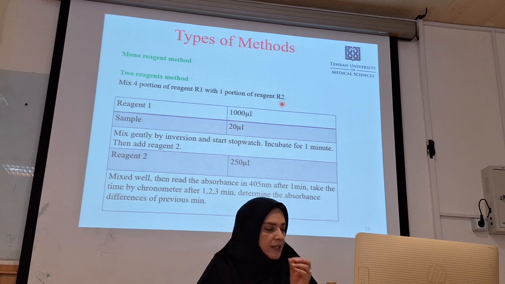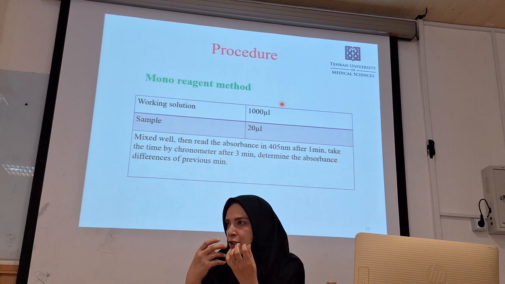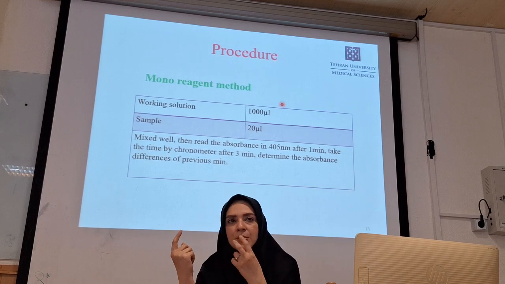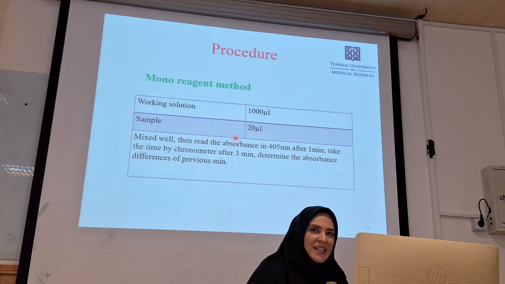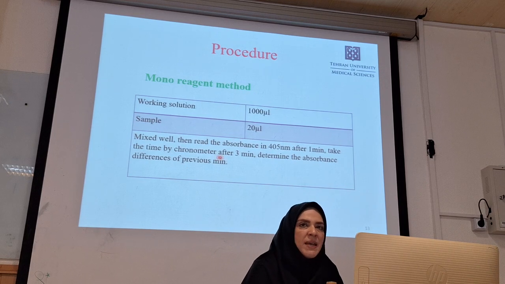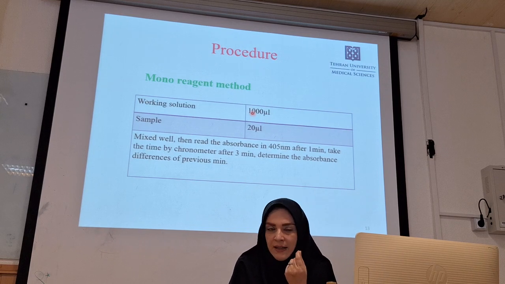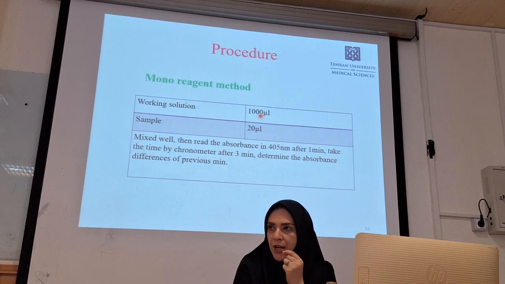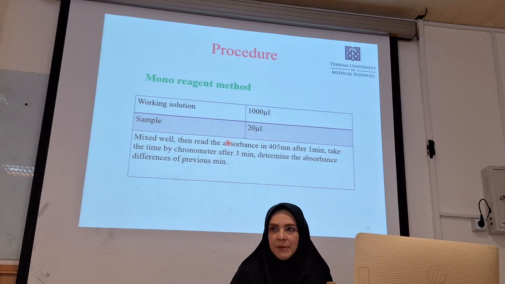So, working solution is the combination and mixture of reagent 1 and reagent 2. It is ready to use, okay? Because I want to facilitate the procedure, I asked Mrs. Haddadi to mix it. So, after adding 1 milliliter of working solution, you have a serum sample, okay?